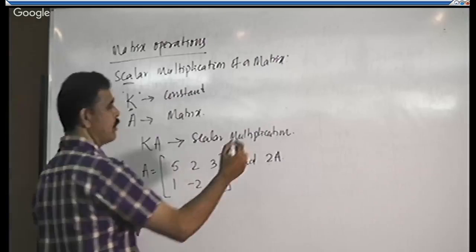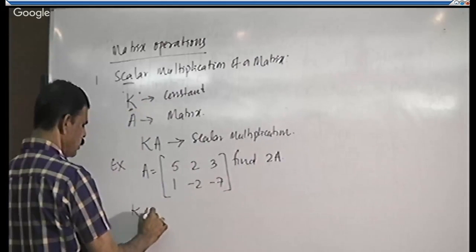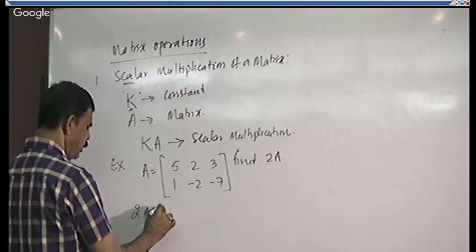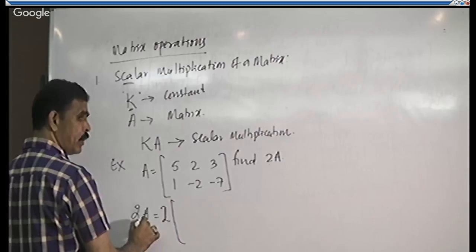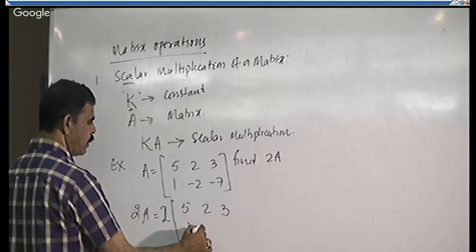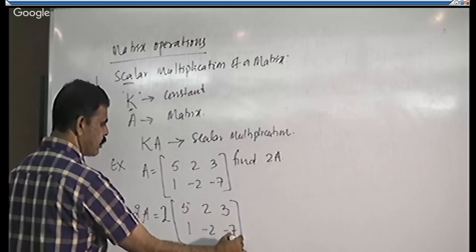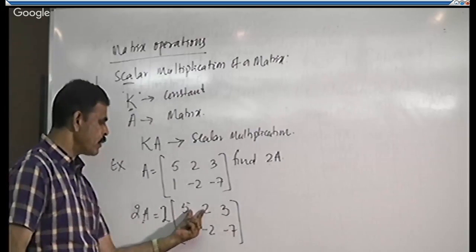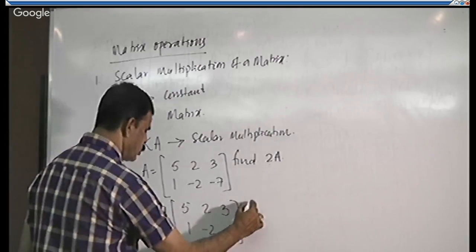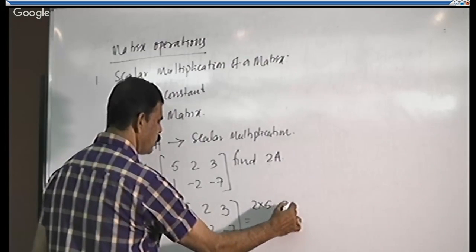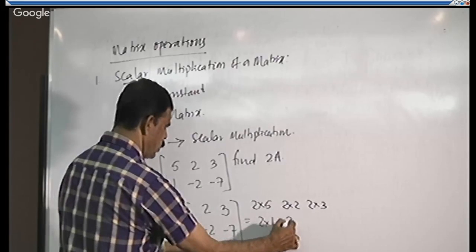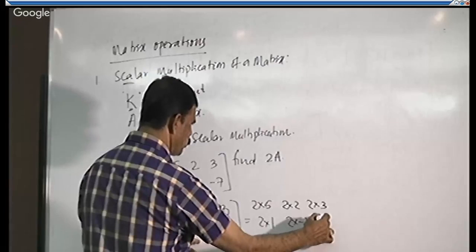K is 2, so write 2 first, then write A, which is 5, 2, 3, 1, minus 2, minus 7. Each element of the matrix A should be multiplied with 2. That is 2 into 5, 2 into 2, 2 into 3, 2 into 1, 2 into minus 2, 2 into minus 7.